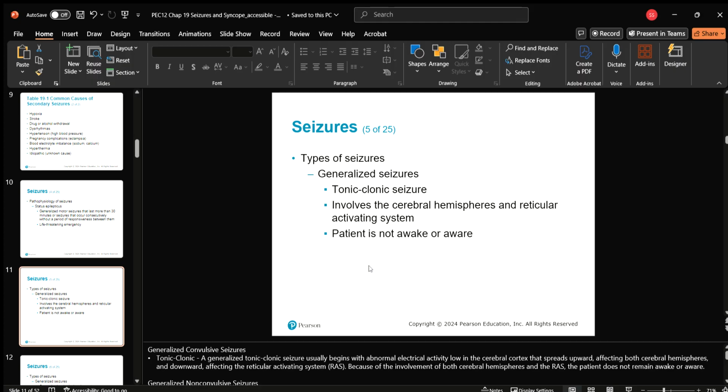Tonic is the tensing of the musculature. Clonic is the thrashing of the limbs. These used to be called grand mal seizures. And we're going to get into some specifics about how we as EMTs react to this. Because is there much that we can do for them?